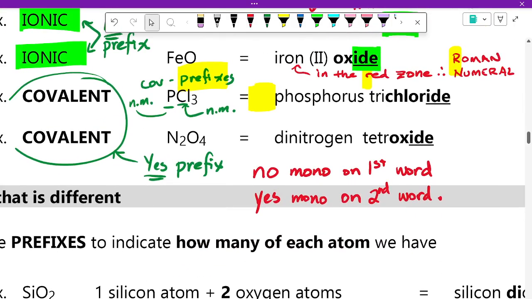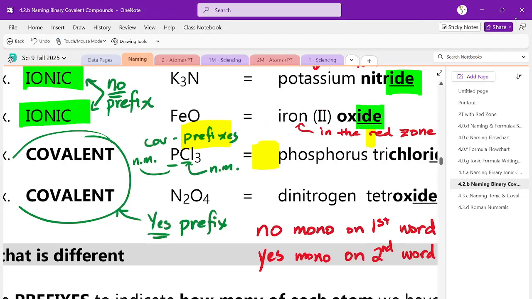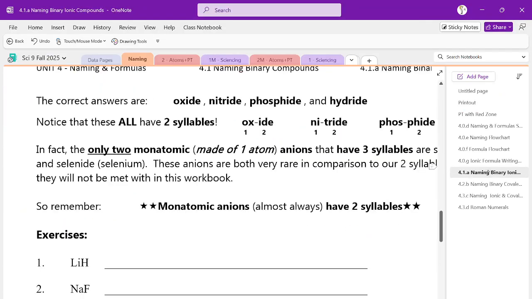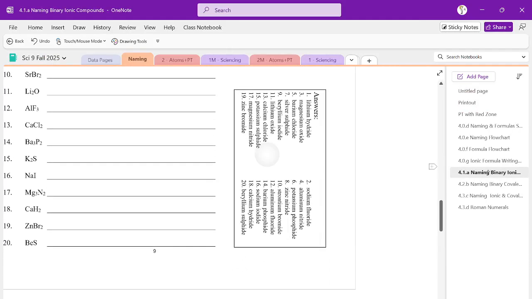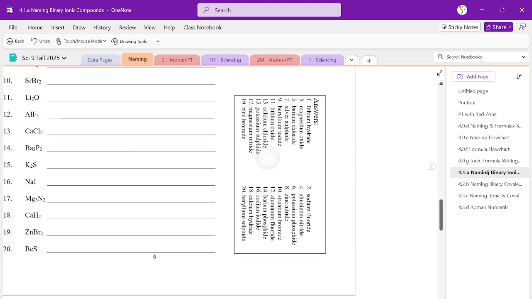Now, I think it would be nice if we left these covalent compounds for a little bit. We'll continue with them on Thursday. But what I would like you to do right now is enough of page 9 to feel good about writing quiz number 1.